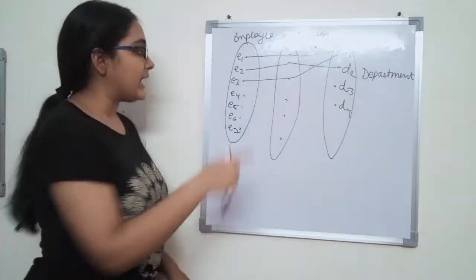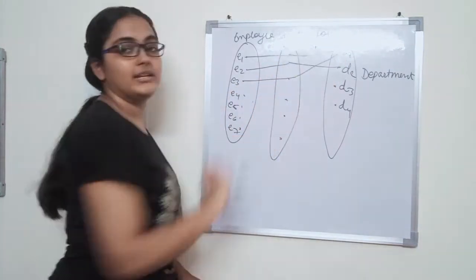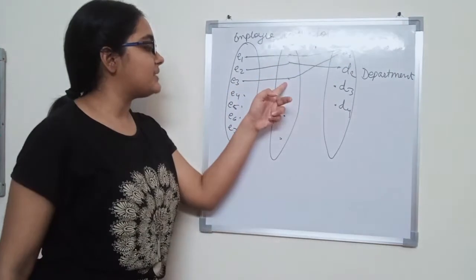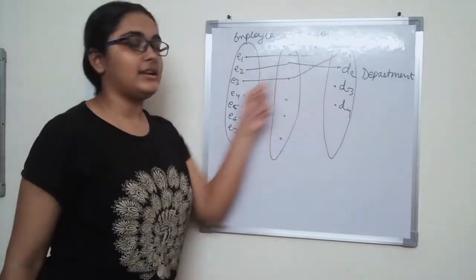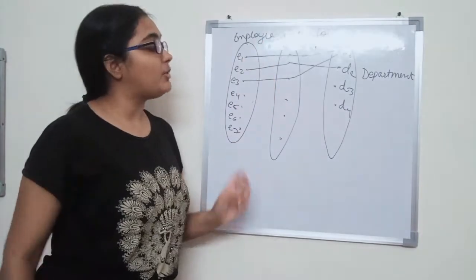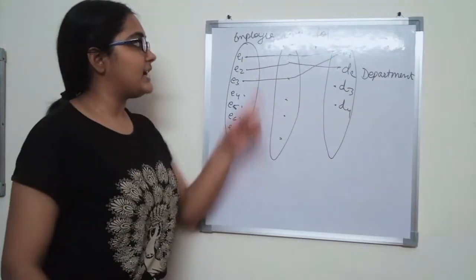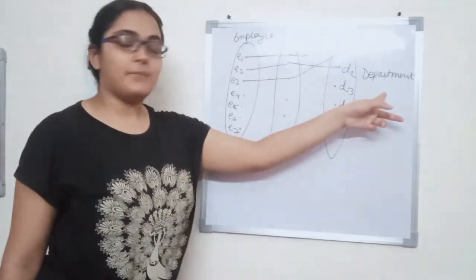Now I cannot make E1 join to this and this joining to D1, because every relationship instance has to connect exactly one entity from each participating entity type. So what are the participating entity types for the works for relationship? The participating entity types are employee and department, right?